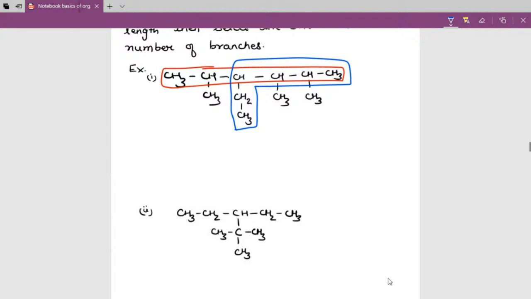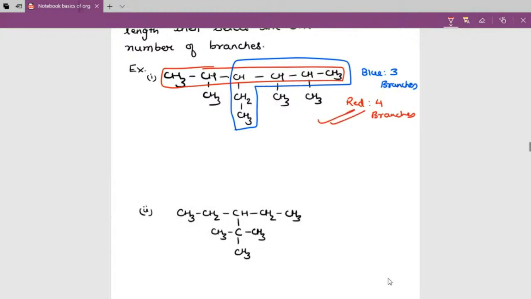If I select blue, the number of branches I will get is 1, 2, 3. Three branches. If I select red, I'll get 1, 2, 3, 4. Four branches. So red is the one which will be selected.